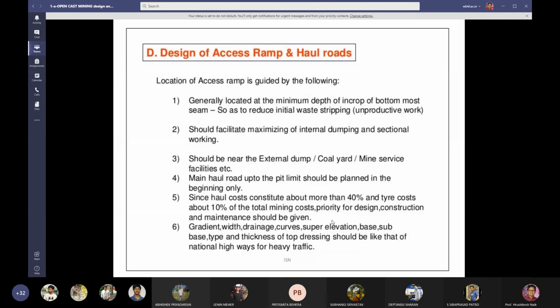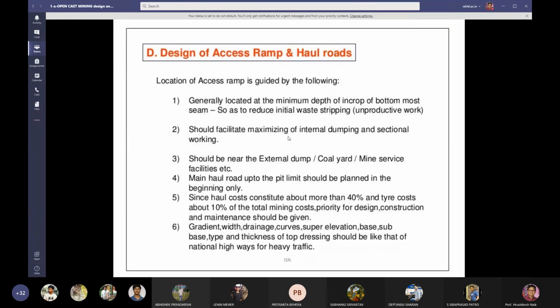So the next step is D, design of access haul roads and ramps. The location of the access ramp is guided by the following parameters. It is generally located at the minimum depth of incrop of the bottommost seam so as to reduce initial waste stripping, which is unproductive work.